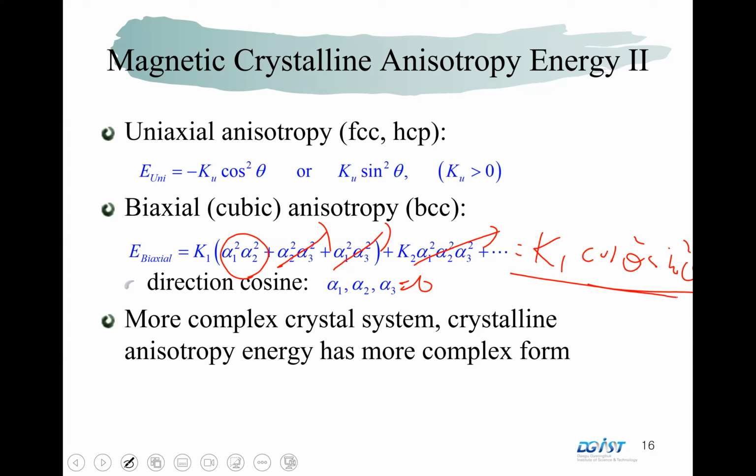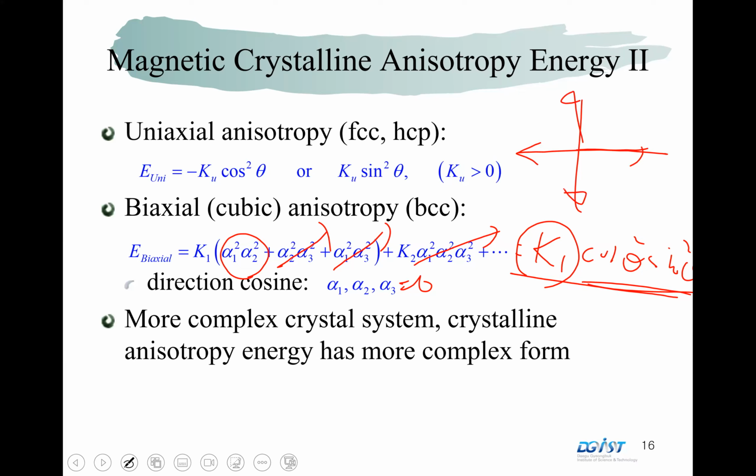So in this case, depending on the sign of K1, you can easily find which direction is easy axis. And they have a 90 degrees symmetry, so sometimes we call this fourfold symmetry. It means 0, 90, 180, and 270 are physically the same. So this direction, this direction, this direction, and this direction are energetically the same.